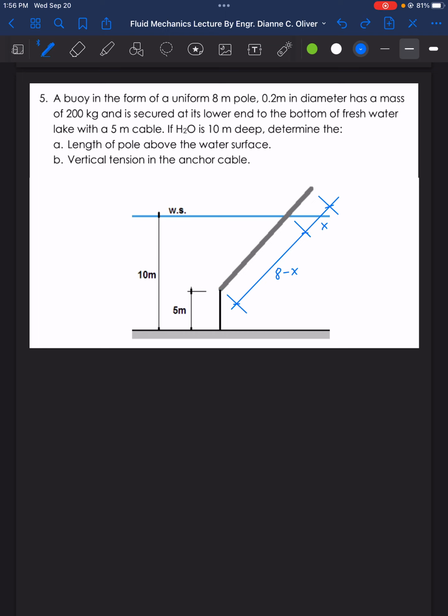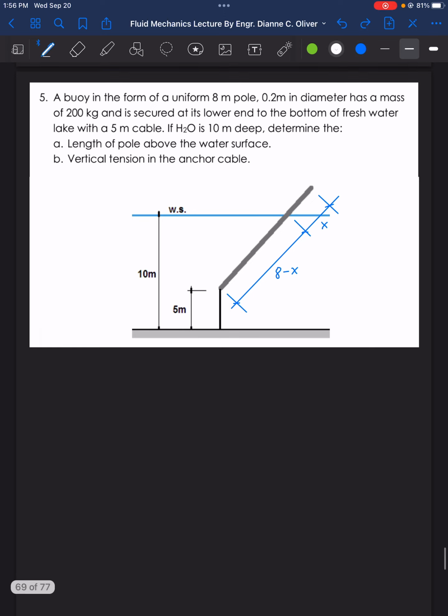For letter A, we're being asked for the value of X. So how do we get that? We will use the principle of buoyancy. So we need to find the weight. What's the weight of the pole? So for letter A, we have the weight of the pole.